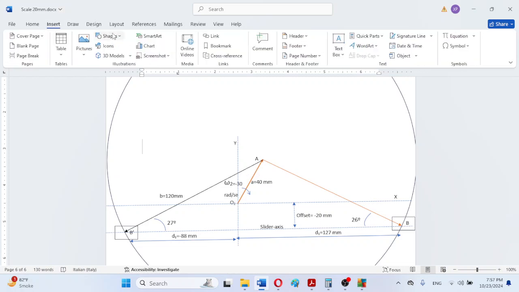So the velocity vector that we can draw here will be perpendicular to this.